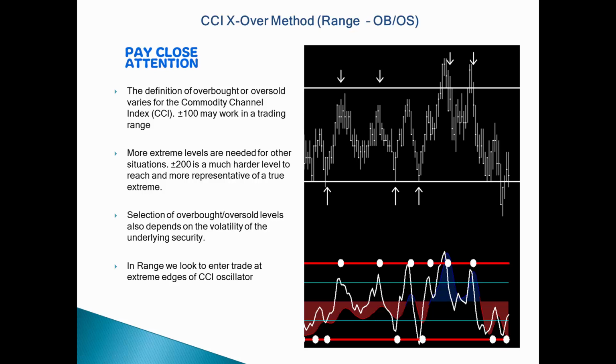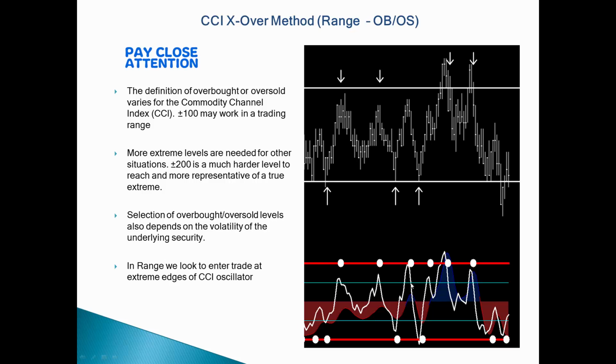Now, in this particular slide, we're going to discuss how to use the CCI in range conditions. So again, when we define the zones where we want to take trades using the CCI, we want to be above the plus 100 or below the minus 100 areas.